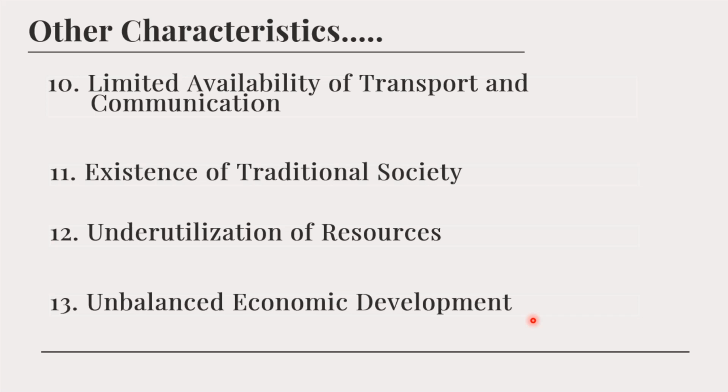Within a state, we can observe this imbalance. The government is trying its best to overcome this type of unbalanced economic development, but still for the last many years we are experiencing it. So in this way I have completed the topic on characteristics of Indian economy. Thank you very much.